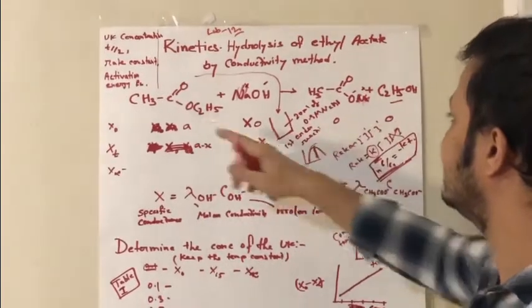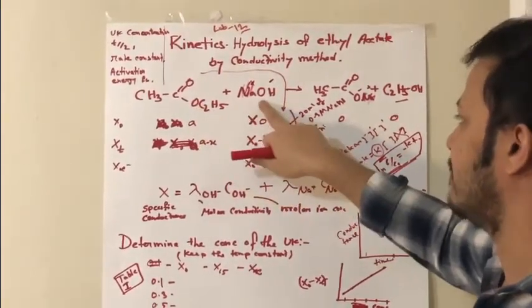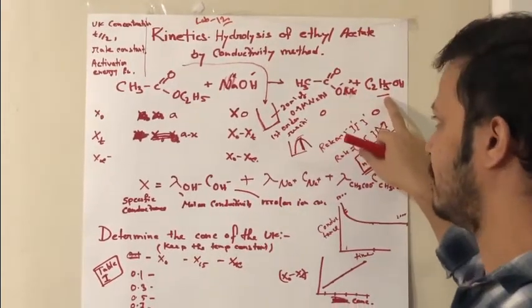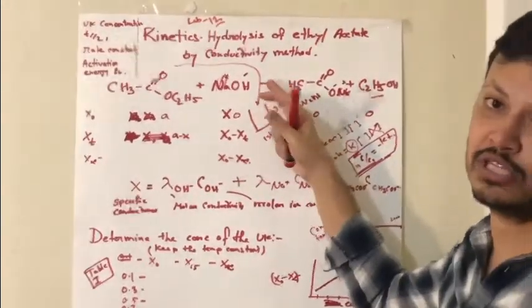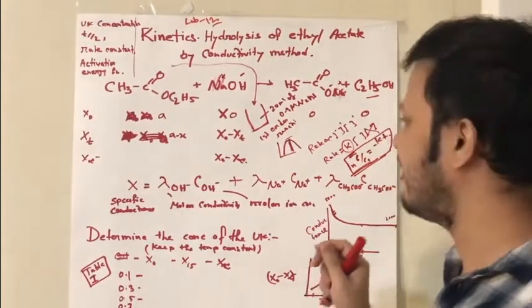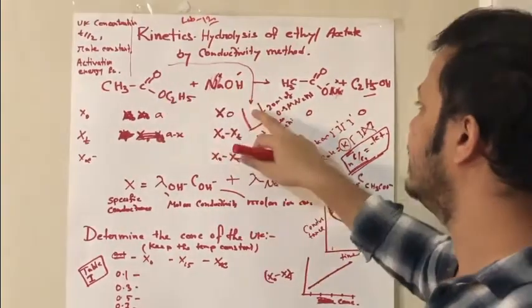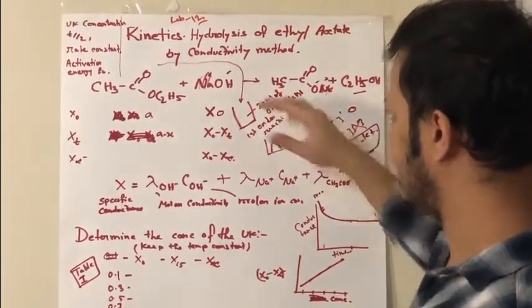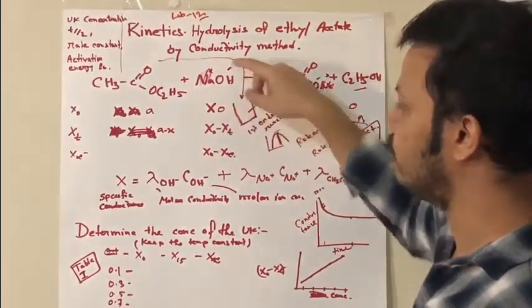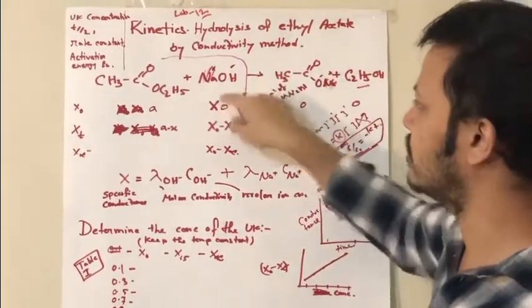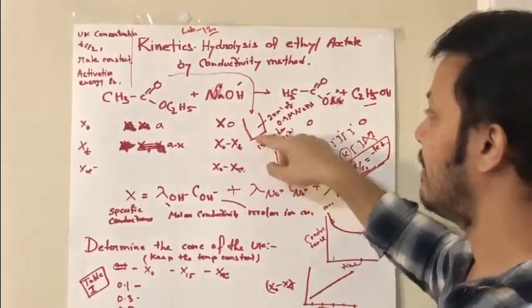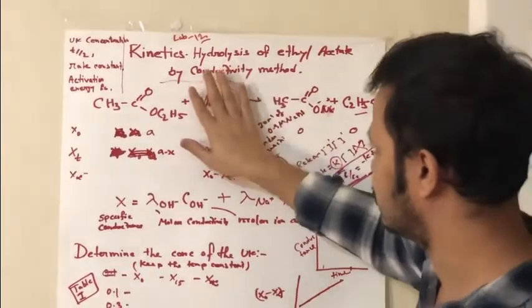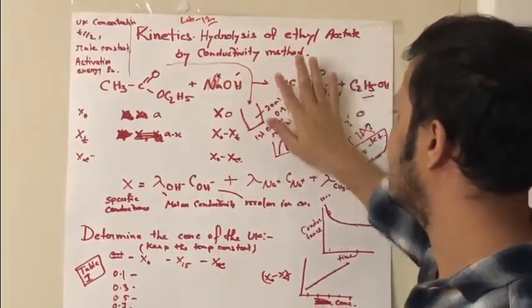This ethyl acetate will react with the sodium hydroxide and form sodium acetate and ethanol. A lot of the sodium hydroxide will remain unreacted, and only a very small amount will react. So the conductance at the beginning will be only for the sodium hydroxide, right? After the reaction, the conductance should be for the sodium hydroxide as well as for the sodium acetate.